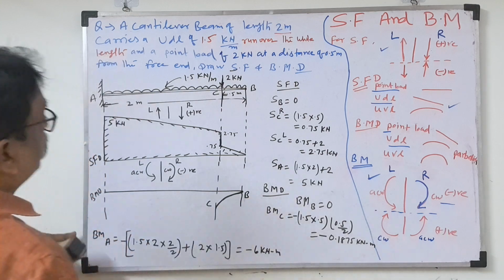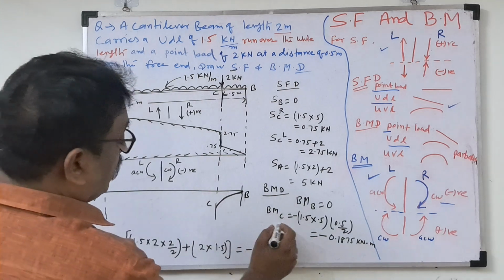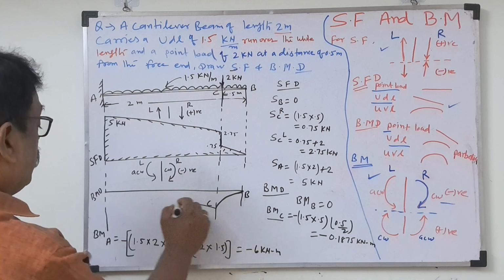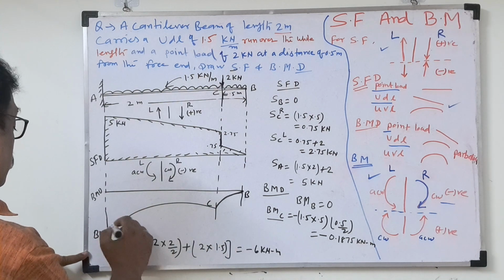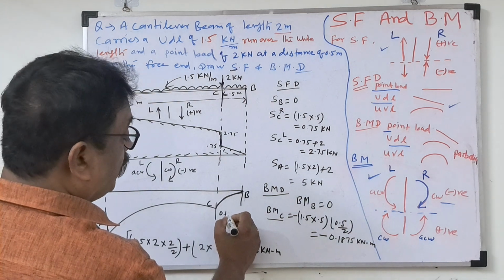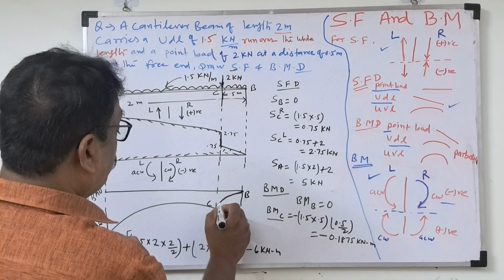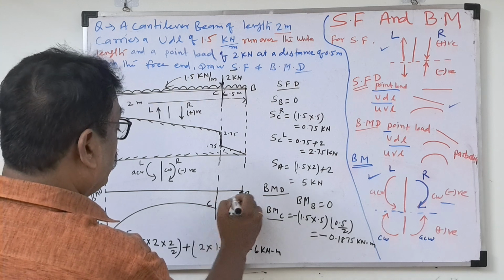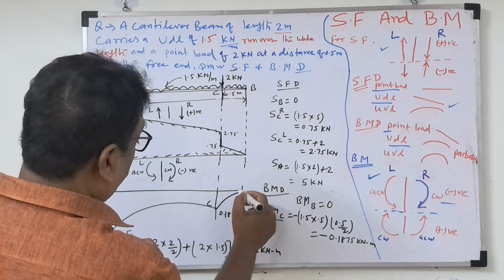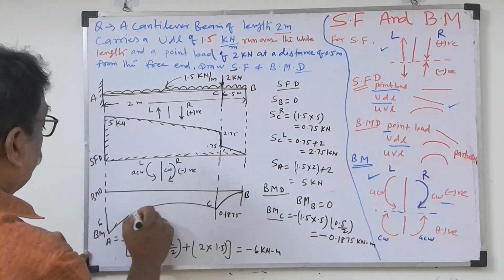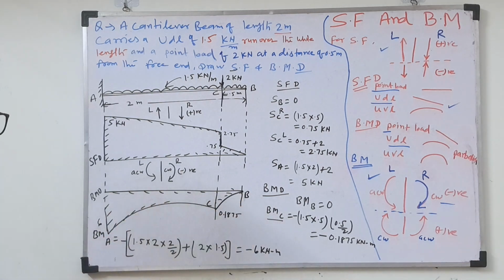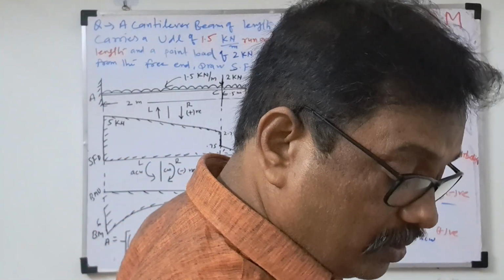Then again from point C to point A, draw the parabola. This value is 6, and this point is 0.1875. You draw it a little like this, a parabola. So this way we can draw the bending moment diagram for the given question.